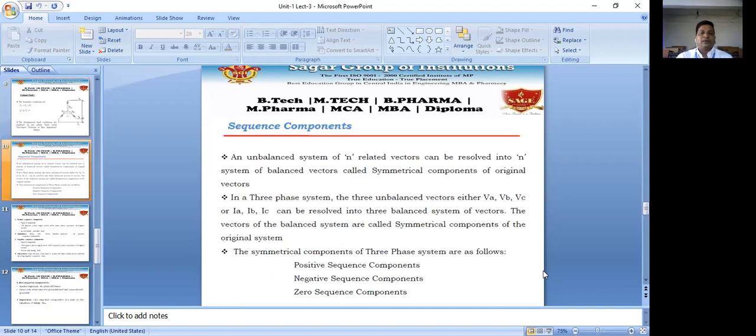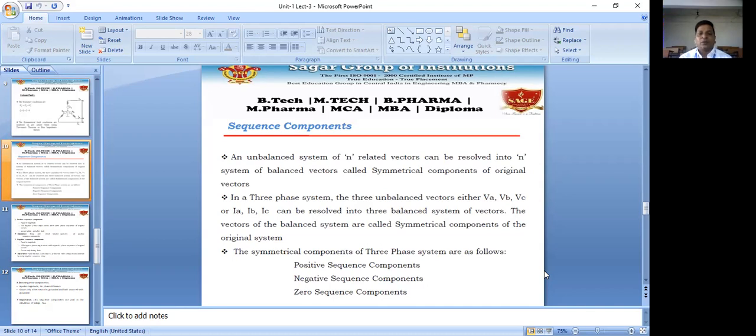Sequence components. In an unbalanced system, the related vectors can be resolved into n systems of balanced vectors, called symmetrical components of the original vectors. In the three-phase system, the three unbalanced vectors, VA, VB, VC and IA, IB, IC, can be resolved into three balanced systems of vectors. The vectors of the balanced systems are called symmetrical components of the original system.